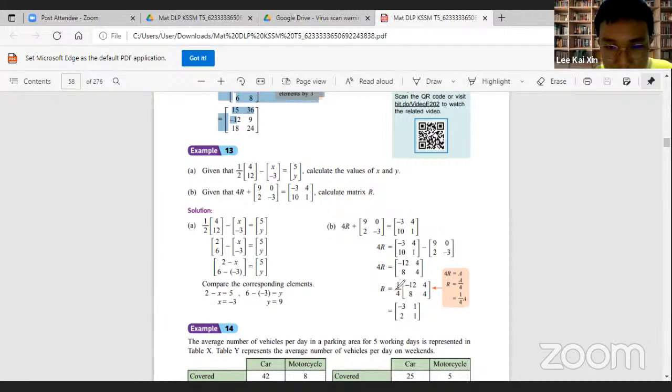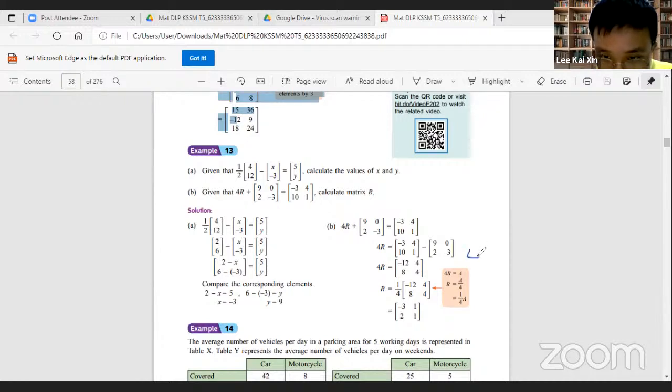So we put 1/4 times this. Actually, you can put divide also. You need to write divide by 4 one by one. But for us to write it easily, we just write 1/4 at the front. Or you can put A, B, C, D and then calculate one by one, but that is a bit slower.